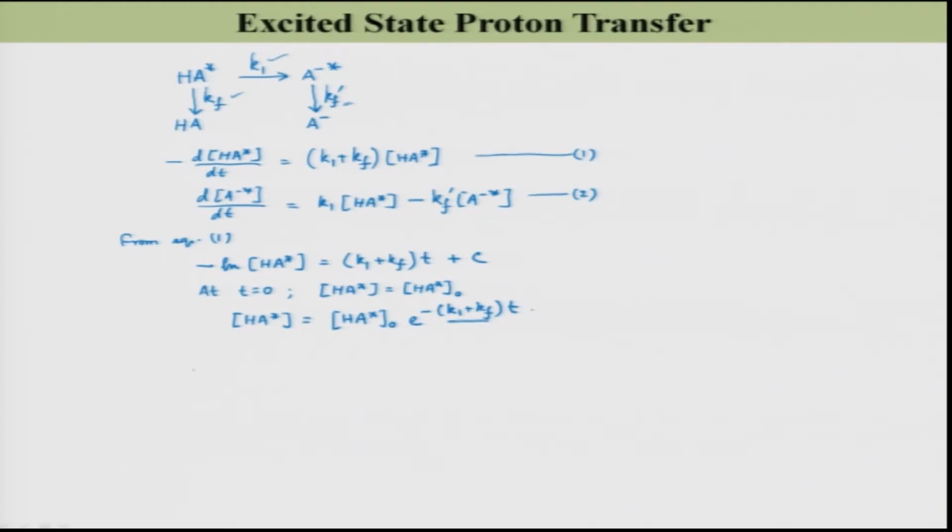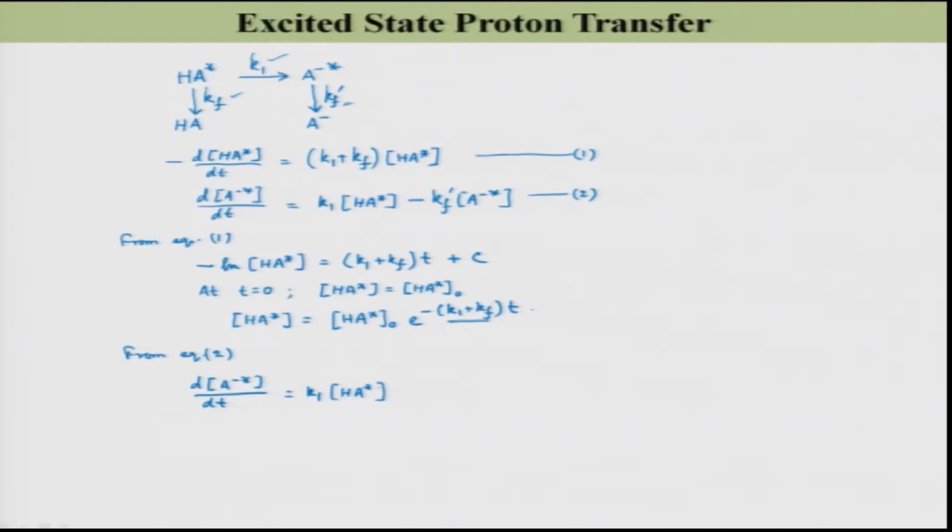Okay, now let me do one thing. Let me take equation 2 and write it as d[A minus star]/dt equals K1 HA star, and this HA star I will now replace with this expression.